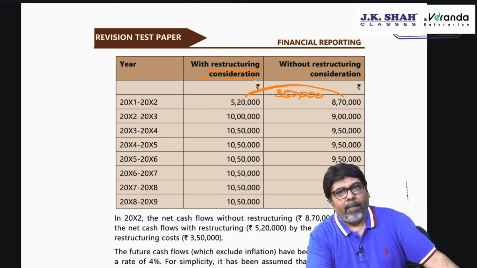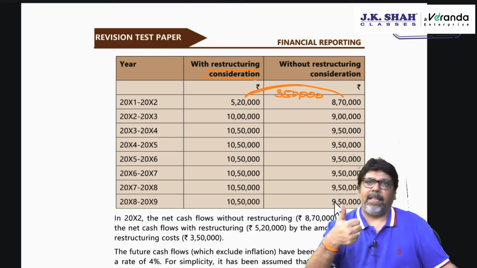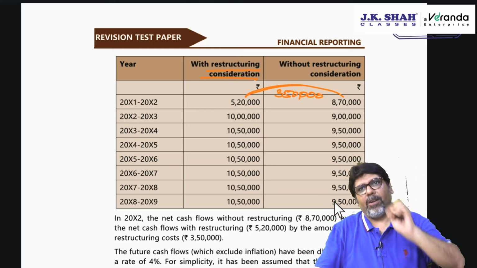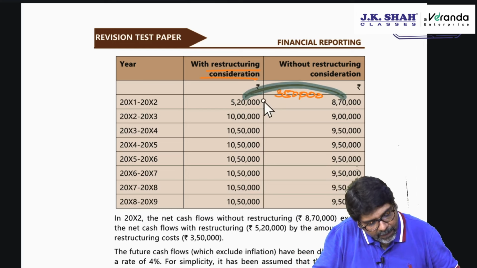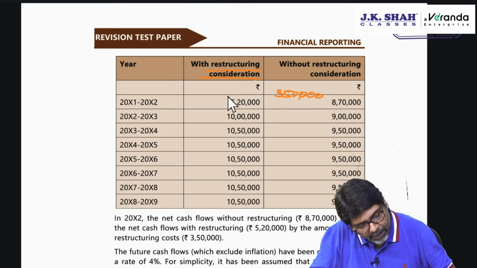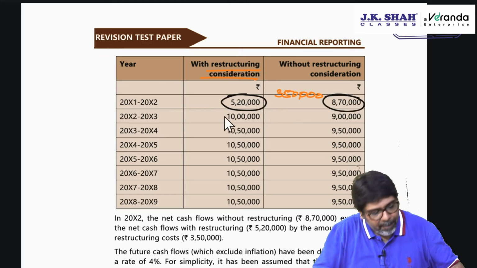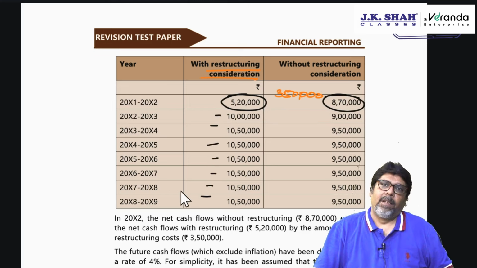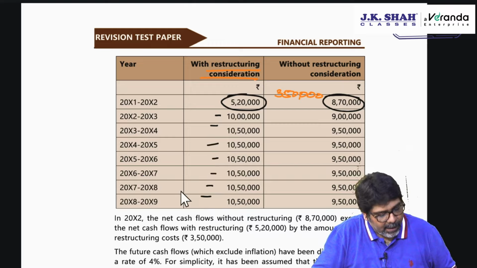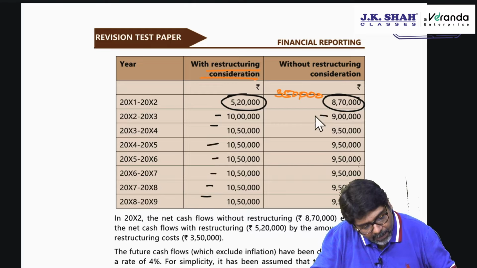So for a 65 lakhs asset with restructuring cost 3.5 lakhs, in the first year cash flows are 3.5 lakhs less compared to without restructuring. But thereafter every year cash flows are 1 lakh more. Correct?